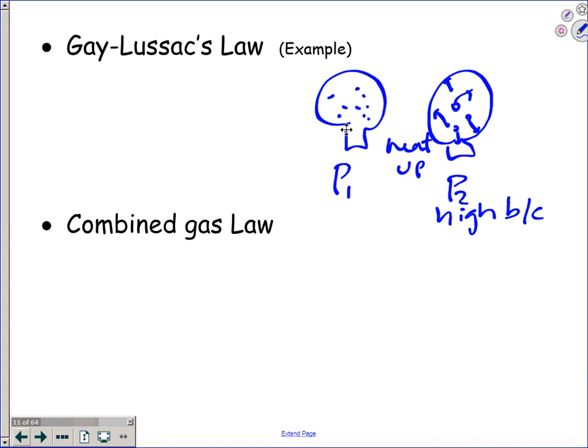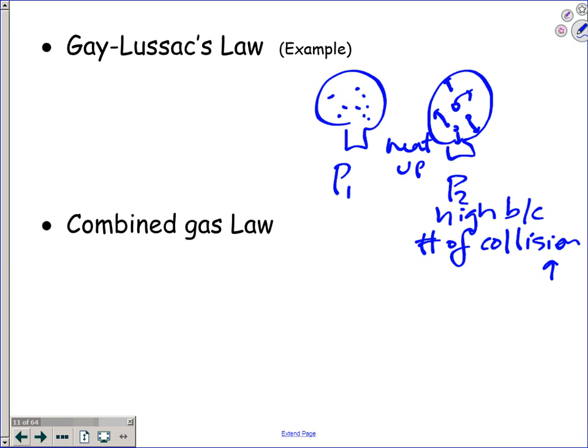Because we put it into words: increasing the temperature caused the number of collisions to increase, so pressure is higher. Immediately the pressure increased, right? What caused that pressure increase?